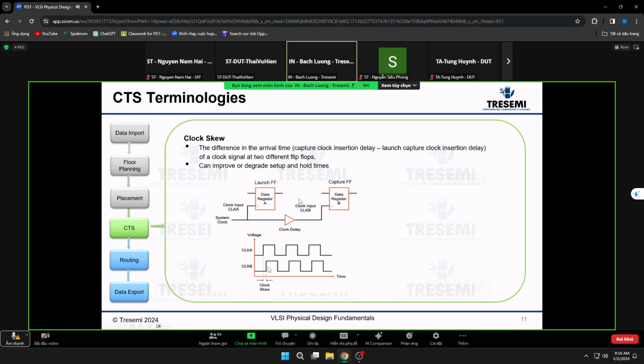You want to minimize that clock skew as much as possible. The larger the number, the worse it is. It depends per technology; the smaller the geometry, the smaller the clock skew. So clock skew is the time differential between the clock arrival of two different flops.